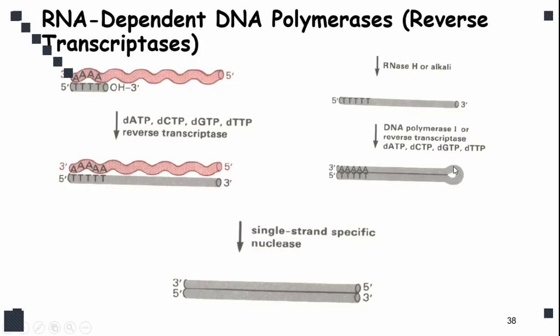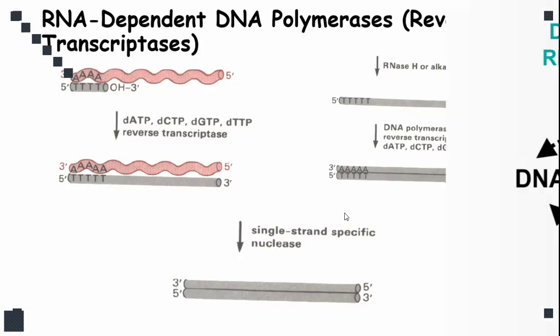A loop, for whatever reason, is formed. This loop is not part of this particular molecule because DNA does not exist in single strand form. So another enzyme called single strand specific nuclease will be applied. It will go and remove this loop. Then you now have a normal DNA molecule.